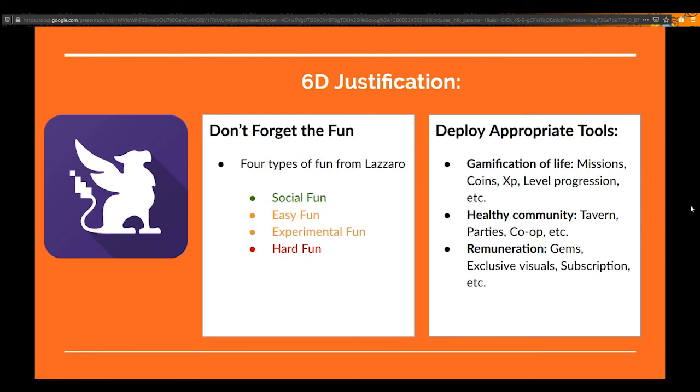About the fun, we use the four types of fun from Lazzaro, and social fun would be the main focus, because you can comment, compare, and help others in this app.